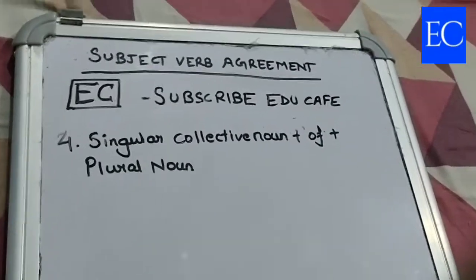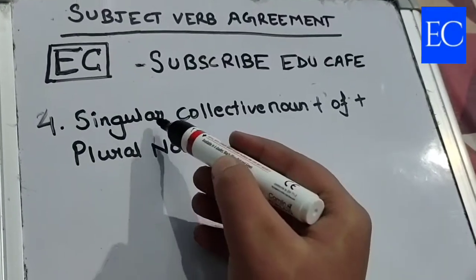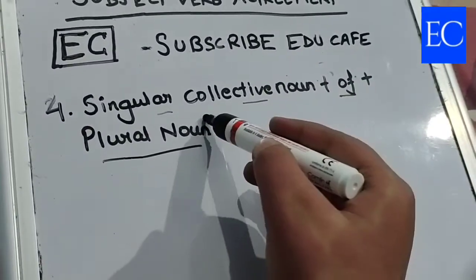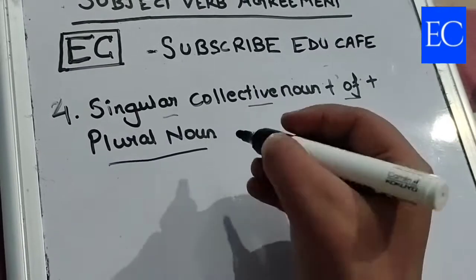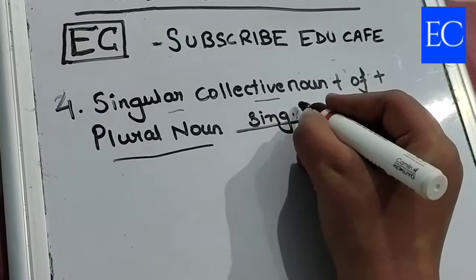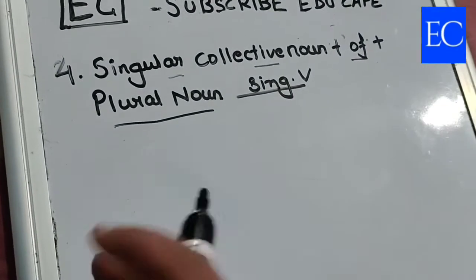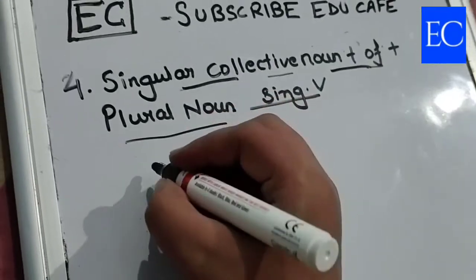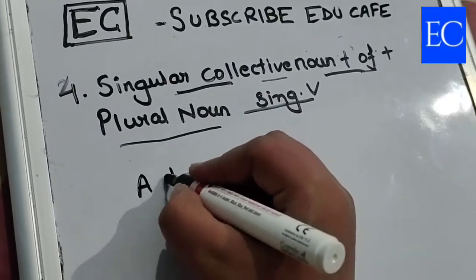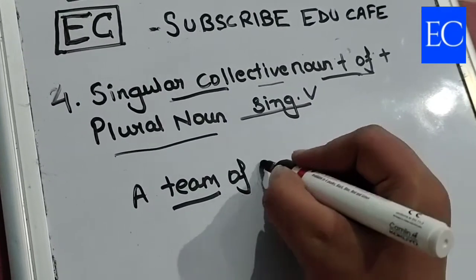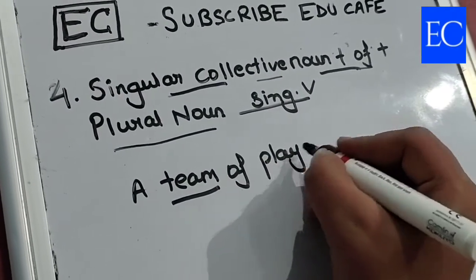Our rule 4 states: singular collective noun plus of and plural noun. If the sentence is in this form, the verb will always be singular. Let us take some examples. First, form the sentence like this. I am taking a team, which is a singular collective noun, of, and players, which is a plural noun.